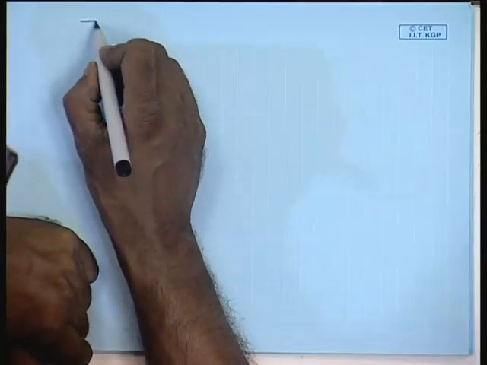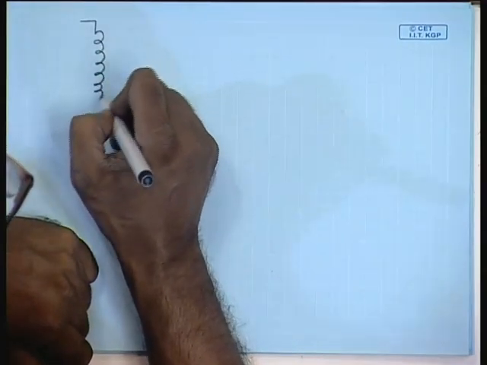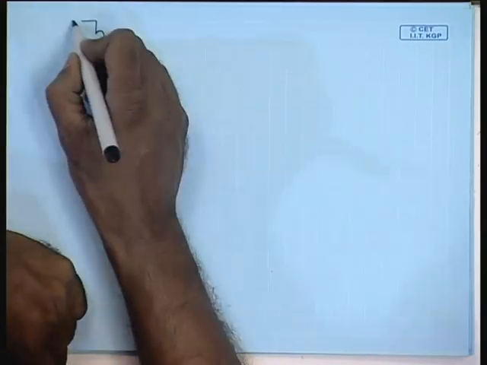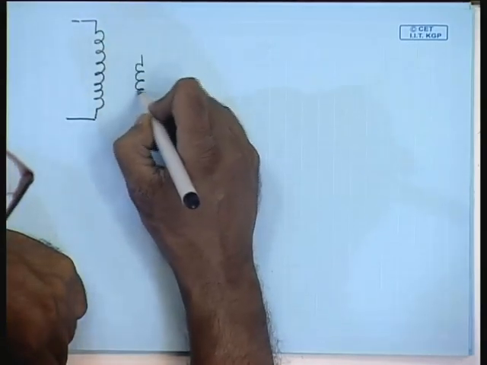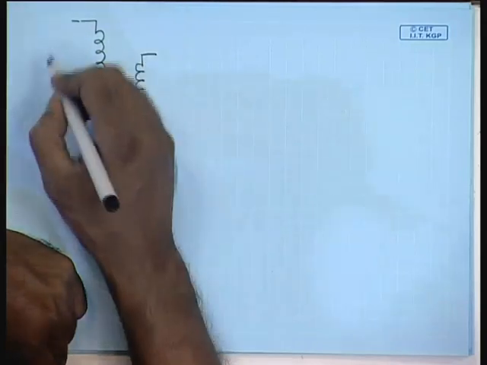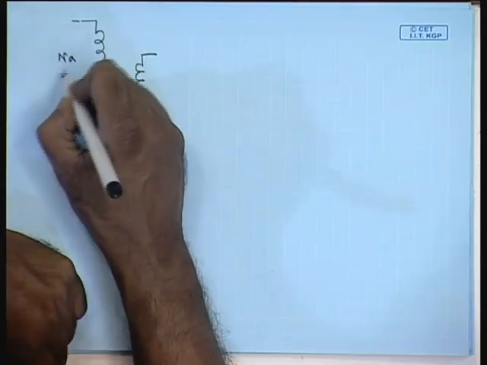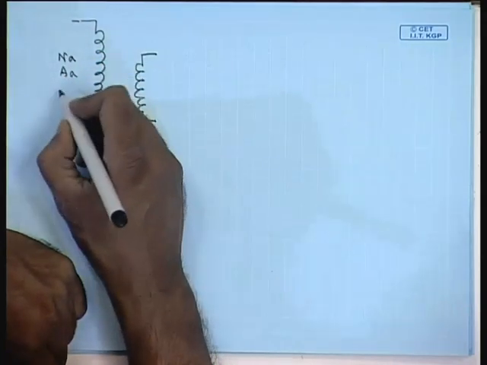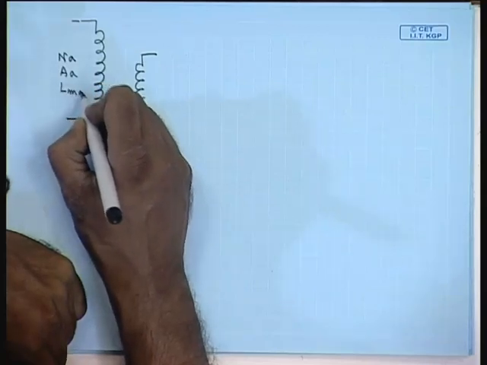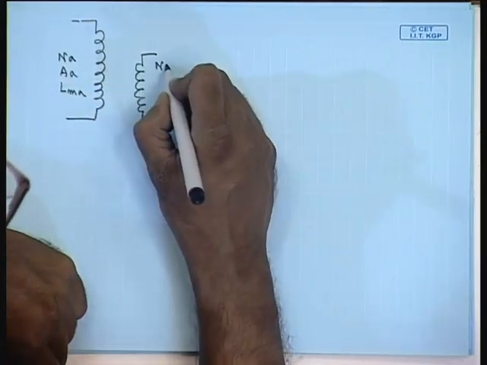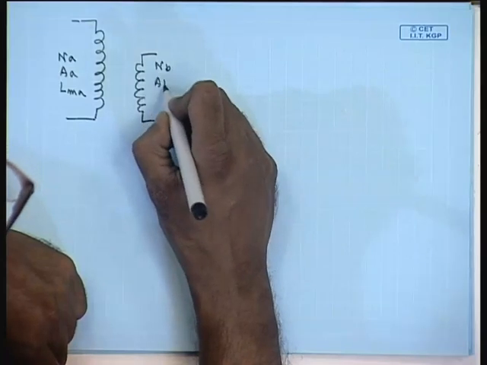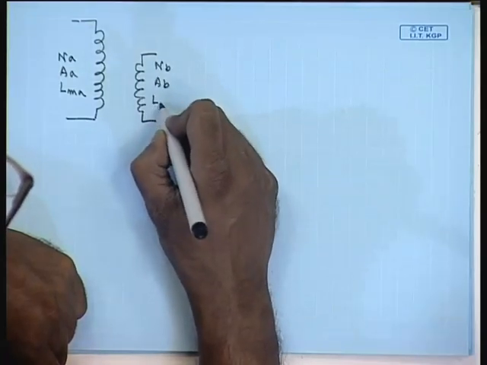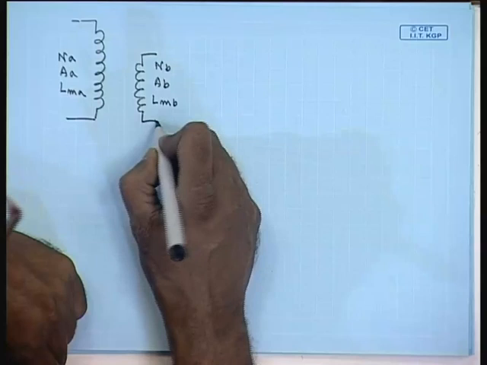For that, this is the two winding transformer: number of turns Na, cross sectional area AA, mean length of turn LMA, number of turns Nb, cross sectional area AB, mean length of turn LMB.